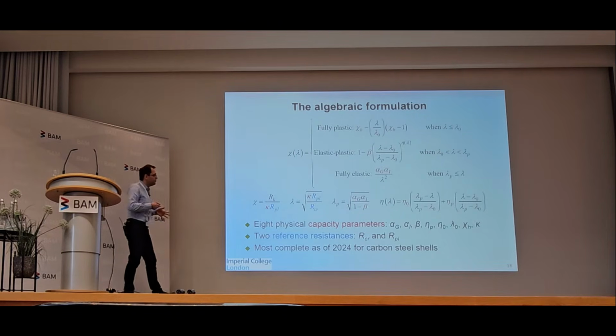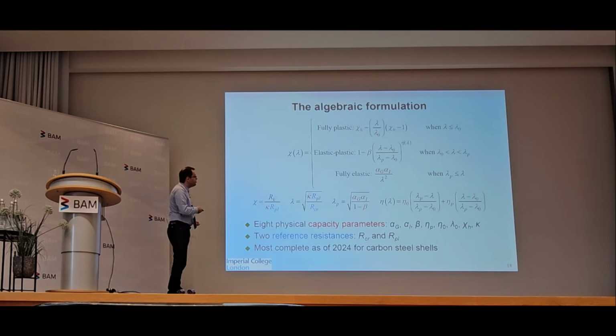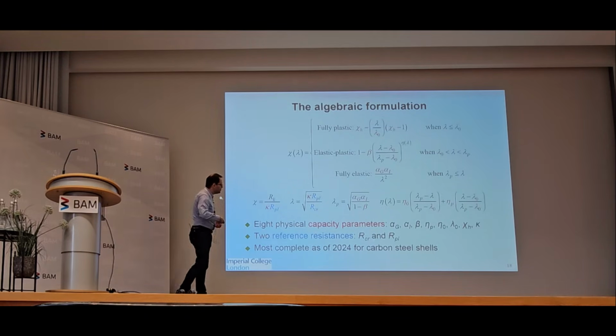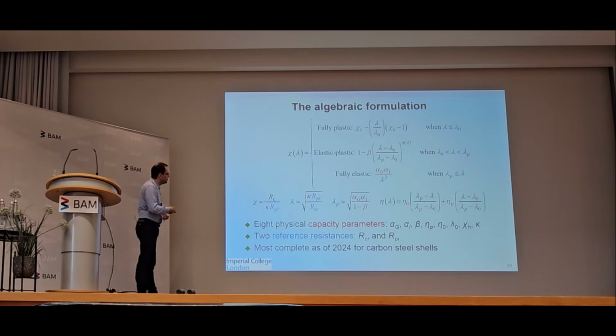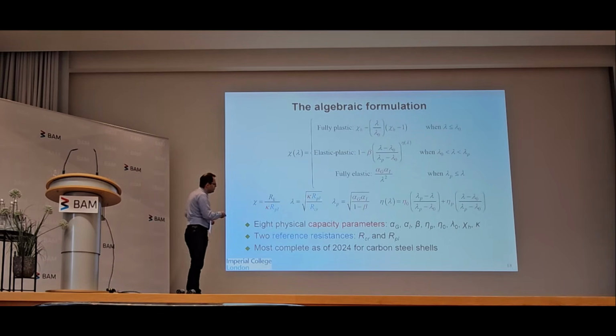And now, when you want to use it, what you need to do is to identify where you are on the relationship. And this is where the two reference resistances come in that you must compute for your system. That is your reference plastic collapse resistance and your reference elastic critical buckling resistance. Once you have that, you have a slenderness.